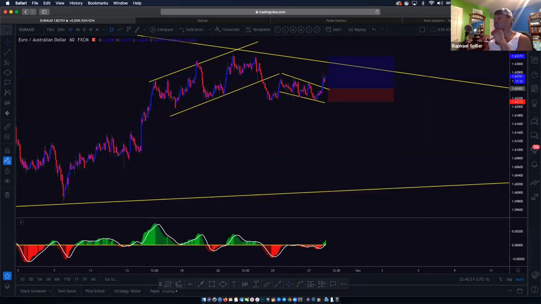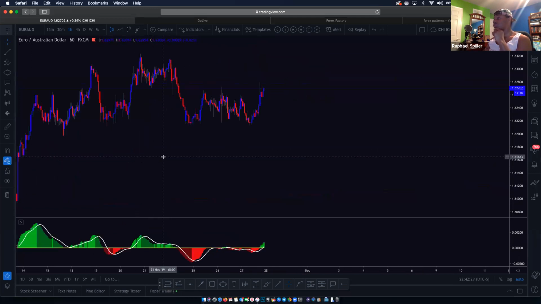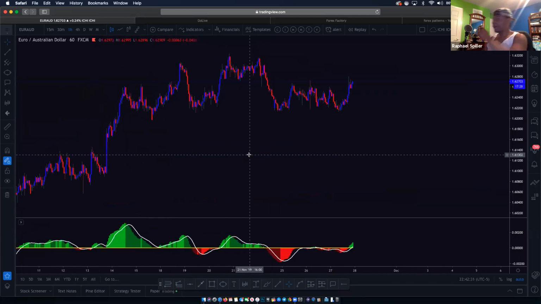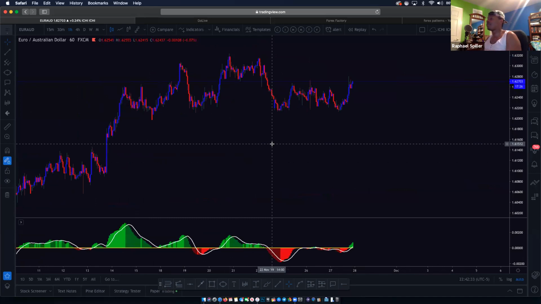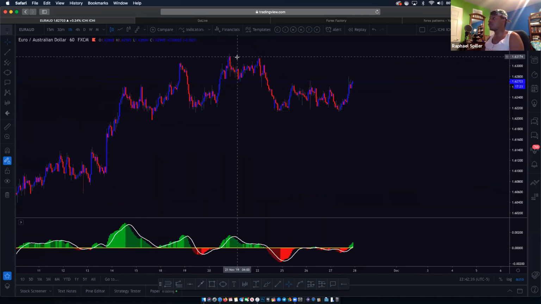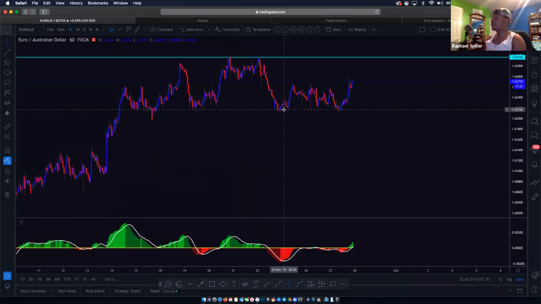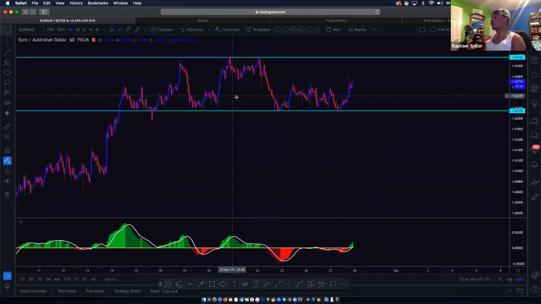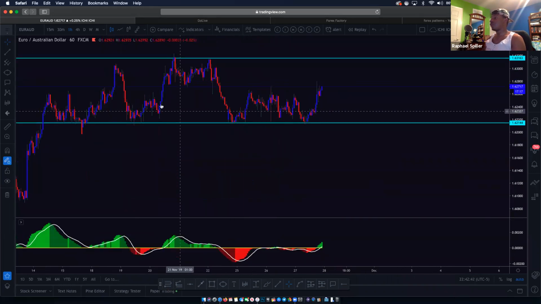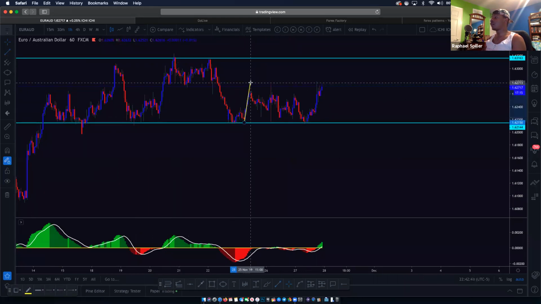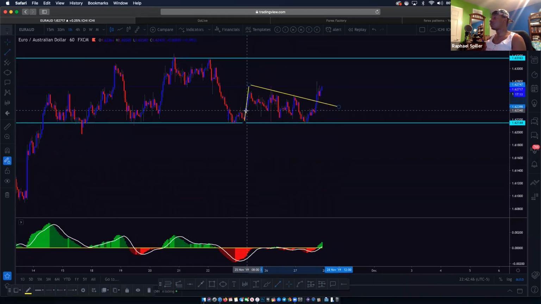Euro AUD. I missed this move. I don't know why. Please, somebody tell me why I missed this move. That was probably the dumbest decision ever because I saw this bullish flag. Clear as day.